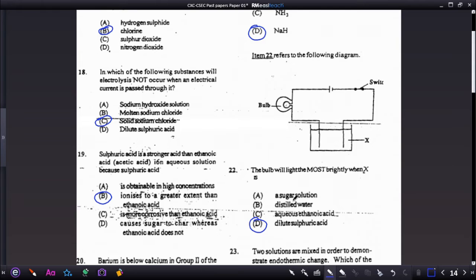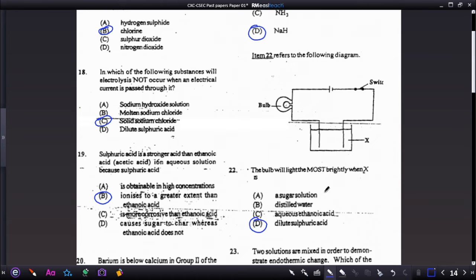A sugar solution is not an electrolyte, because even though the sugar dissolves in water, it doesn't form ions. What the sugar molecules do is fit between the water molecules, so that is how they dissolve. They do not dissociate into ions, so they would not form electrolytes to conduct electricity.